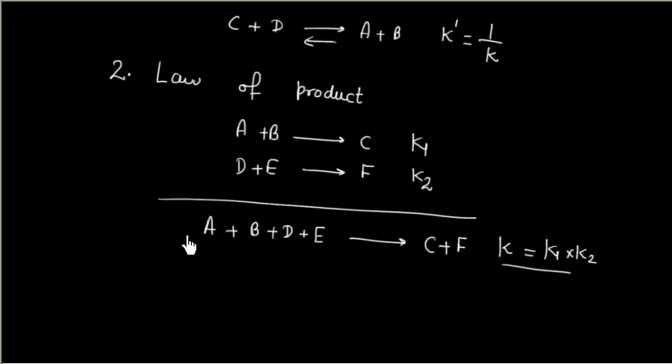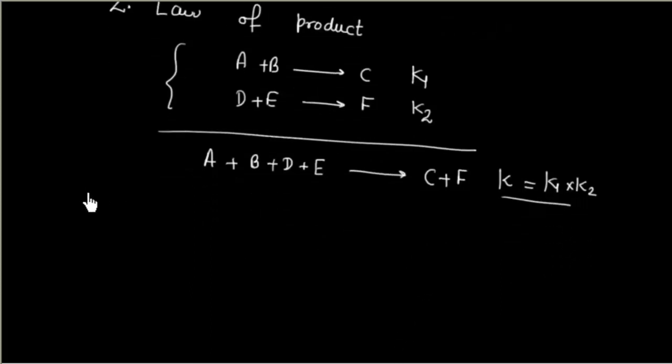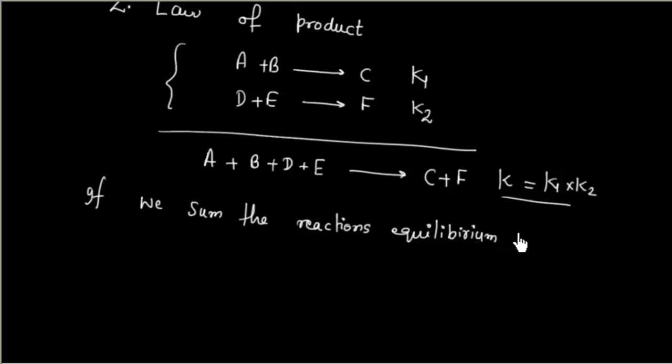So what is this rule? That is, if we sum the reactions, the equilibrium constant gets multiplied.